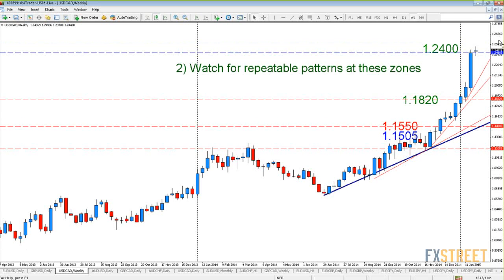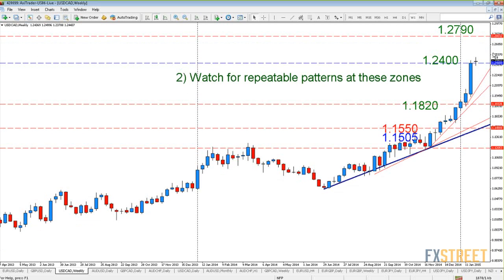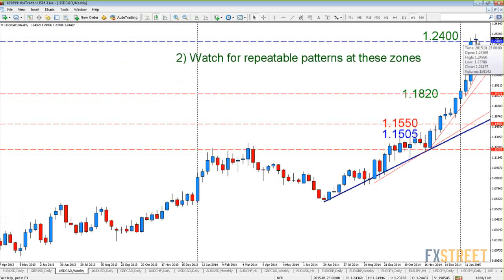So we'd expect the market to move up to the next level up here, which is my next zone up here, 2790. It's actually 28, but if I had a profit target, it'd be 2790 because that would be 10 pips lower. And I like to make sure that I get cashed out. I'm not saying that I'm going to take a trade. I'm just saying if we get a candle that looks like this on Friday and it closes like this, that would in fact be a trend continuation setup.